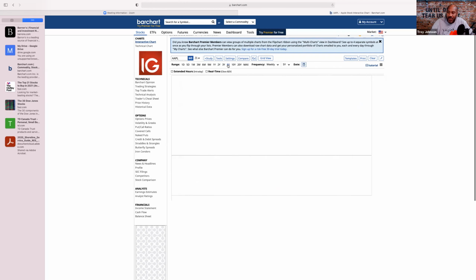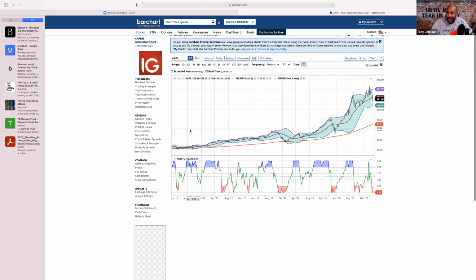And if you want to look at 5 years, you can go back and see where it was around 28, 25, and it's at around 120-ish right now. So that's what the 200-day moving average does for you, it vets out the trajectory.